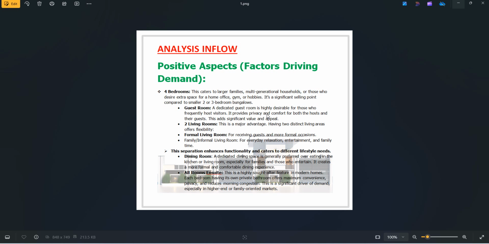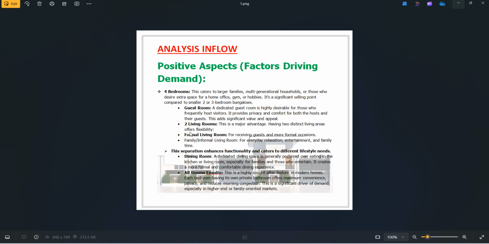A dedicated guest room is highly desirable for those who have guests visiting them. This is common for people of high influence, people that are into big things. So these are the people more likely to have this kind of building.